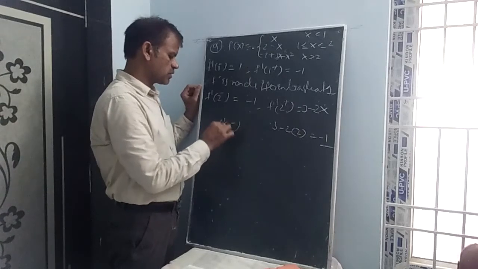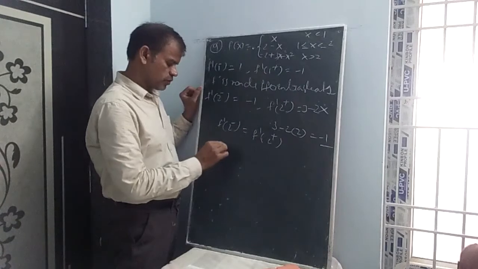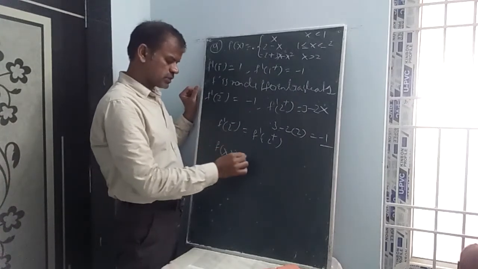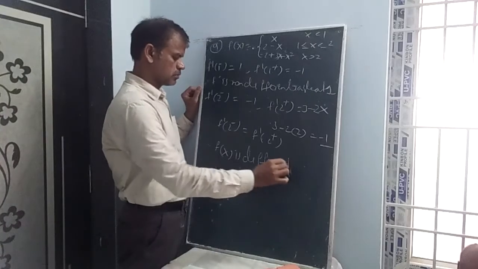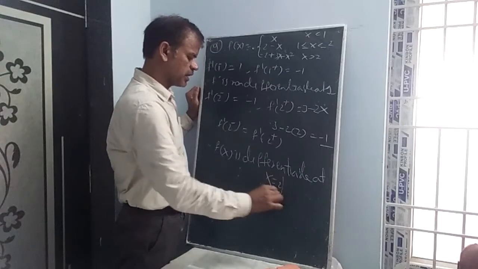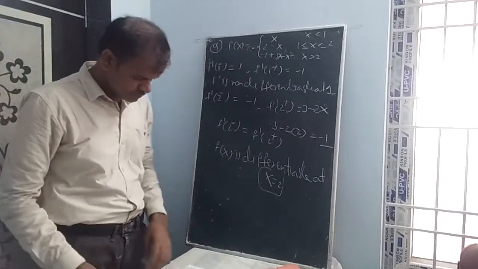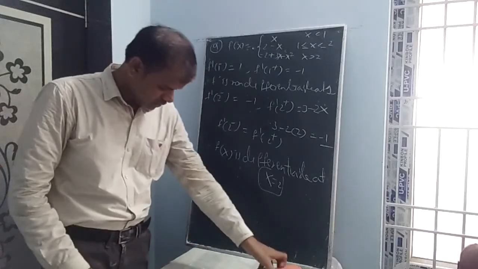So we got f dash of 2 minus equal to f dash of 2 plus. Therefore, f of x is differentiable at x equal to 2. Yes, it is the second option. Let us see the 10th question.